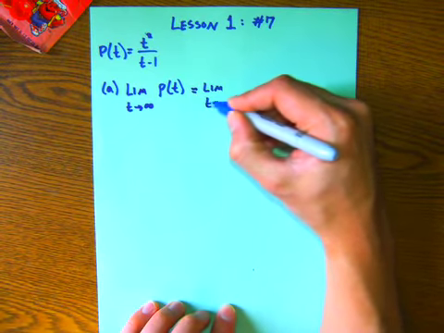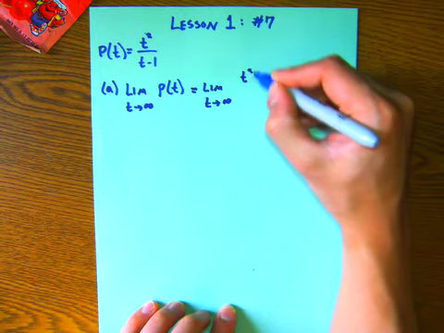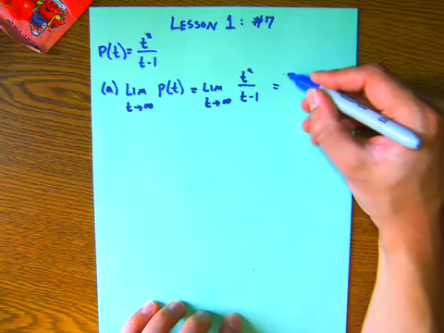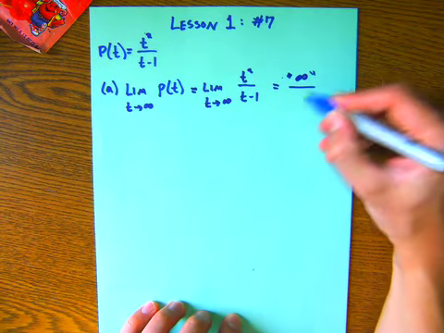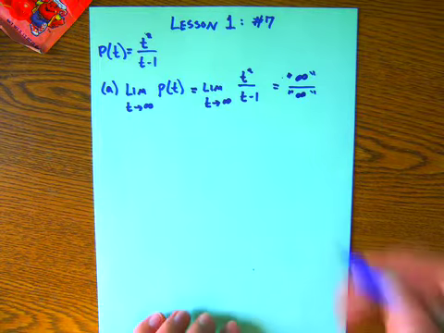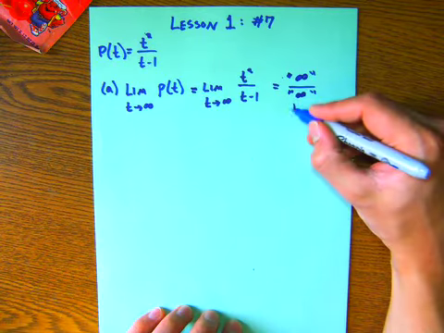So we can write this as, for p of t, t squared over t minus 1. And technically this is equal to, on the top it's infinity, on the bottom it's infinity, which is so far unclear. So it's inconclusive what this is.